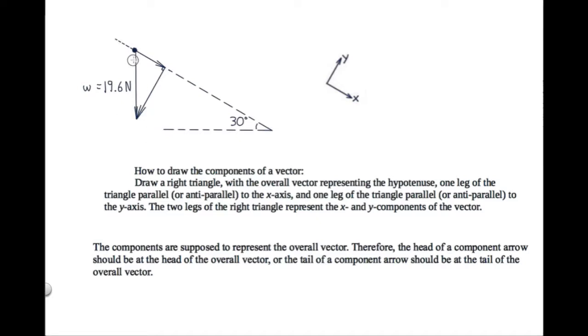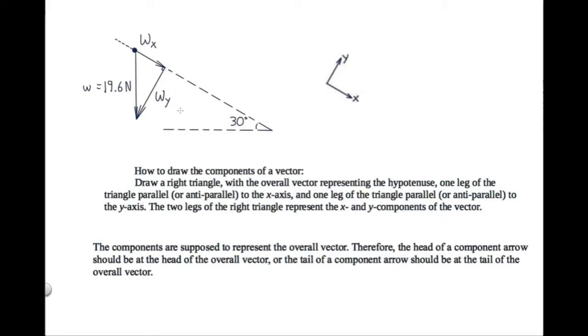And where we have the tail of the overall vector, that will overlap with the tail of this component. That makes this the head of this component. So we applied this rule to write down the directions of the components. Make sure that you label both those components. This side was parallel to the x-axis, so it represents w sub x. This side was anti-parallel to the y-axis, so it represents w sub y.